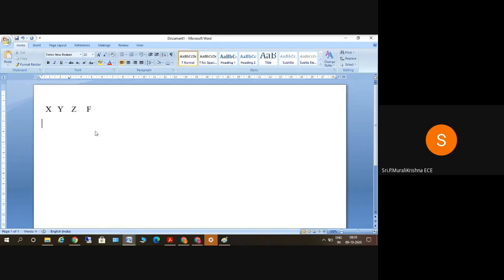First forget about the output. Just take the input combinations here, and I'll take the Minterms here. So the Minterms are represented.